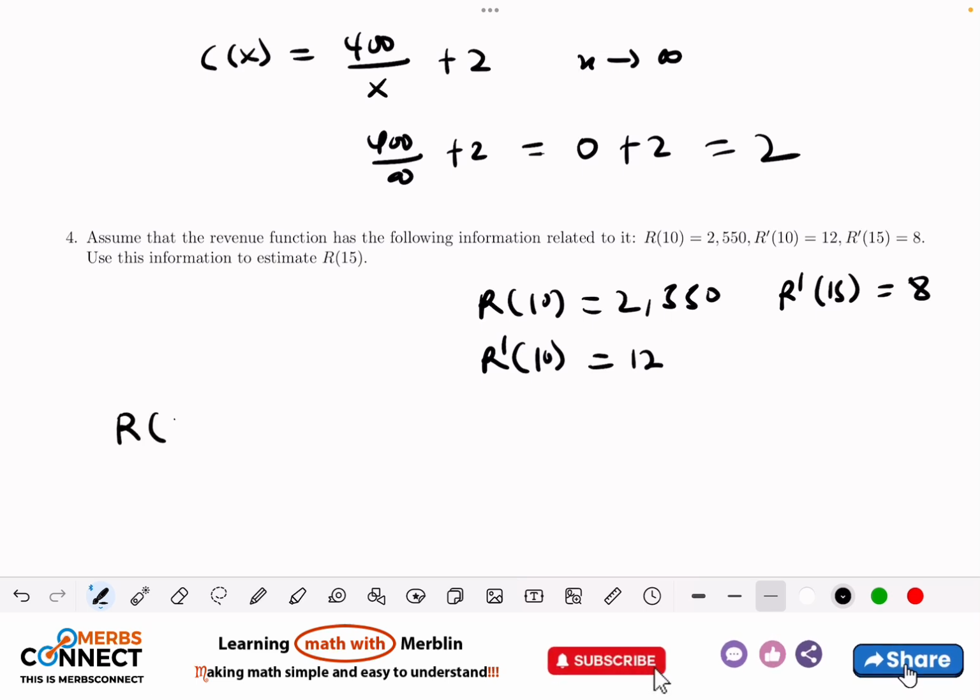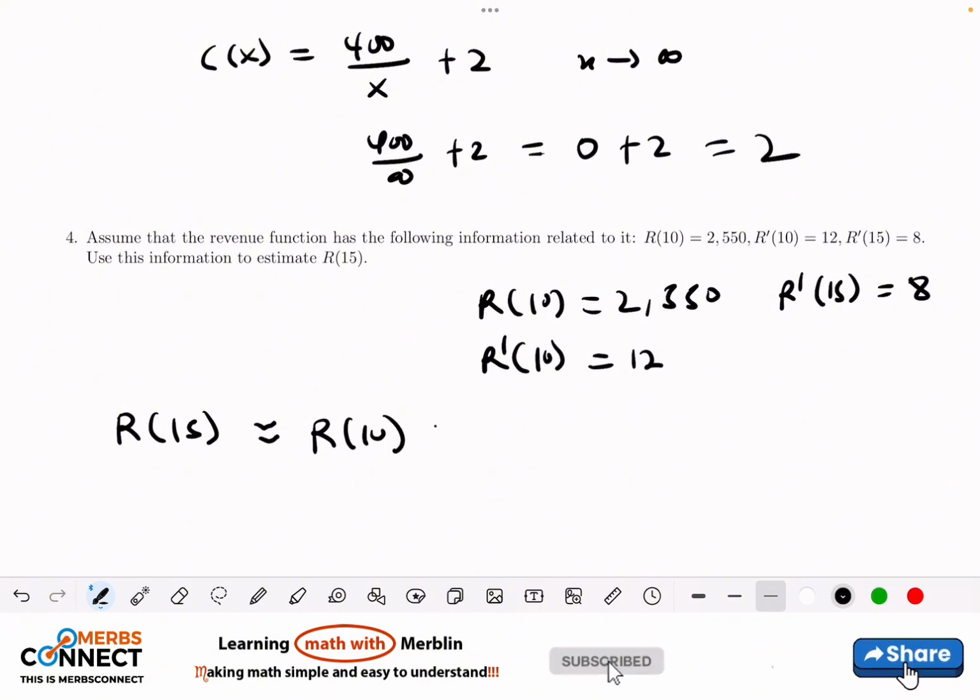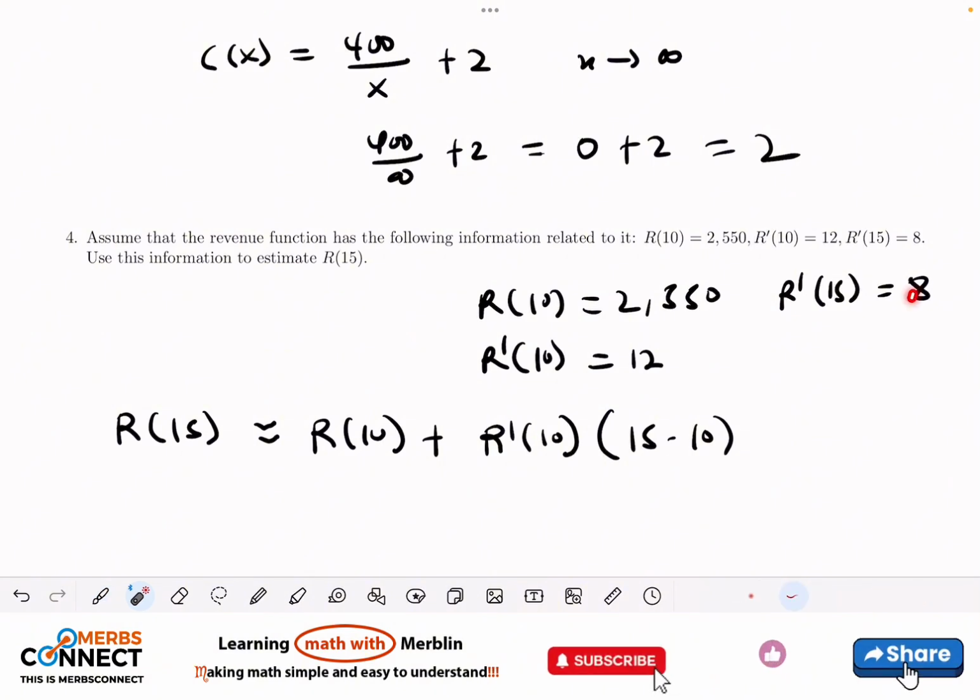So now r of 15 is approximately r of 10 plus r prime of 10 times 15 minus 10. So this is what we are going to get. It means that r prime of 15 is not needed here. We will need it when the question asks us to find r of 16.